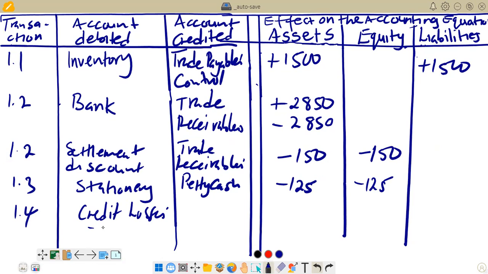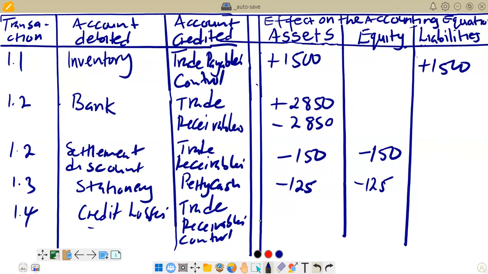So that's how this credit is coming in, and then we also have the trade receivables control. And then the amount that we have is 489.